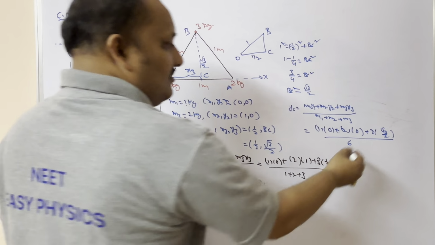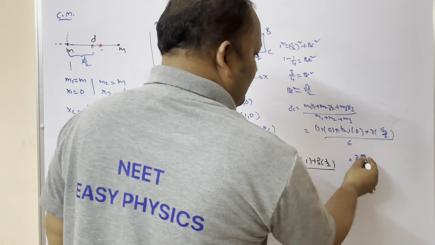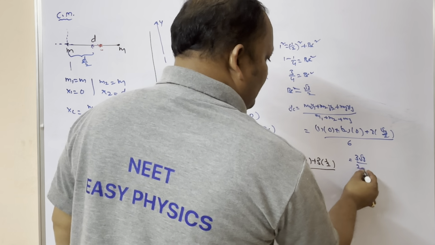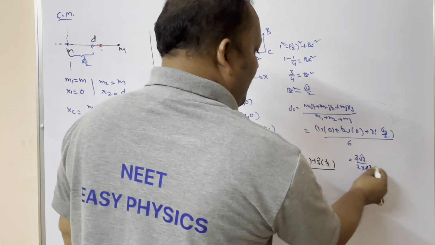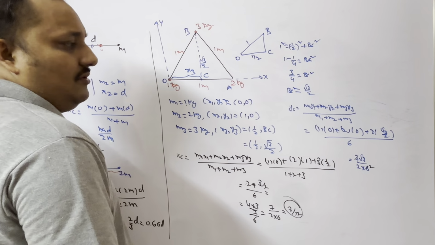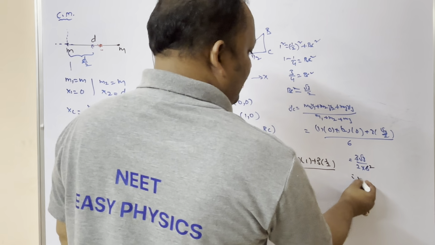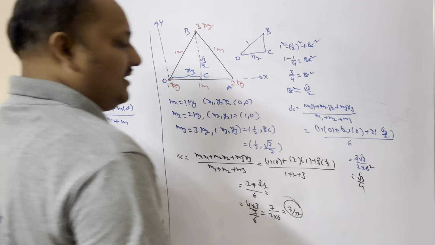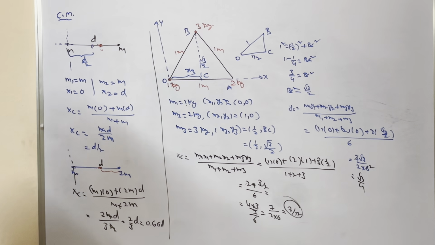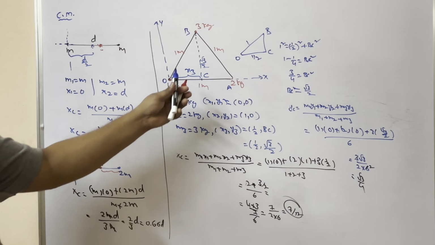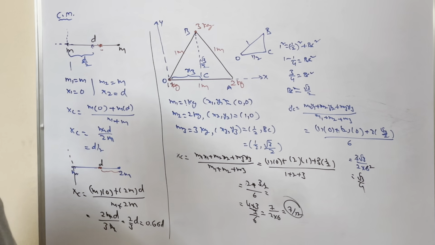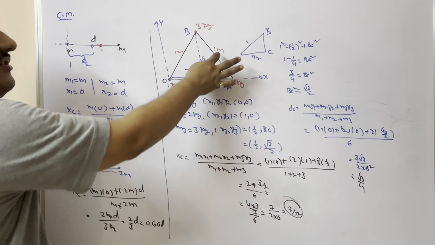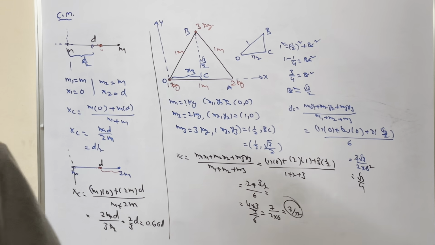So 3 root 3 by 2 into 6, the 6 is cancelled, giving root 3 by 4. So 7 by 12 comma root 3 by 4 is the center of mass of the 3 mass particles 1 kg, 2 kg, 3 kg placed at the 3 corners of an equilateral triangle of each side 1 meter.